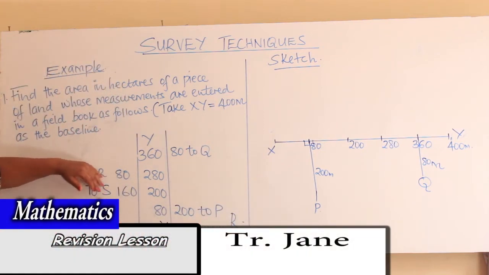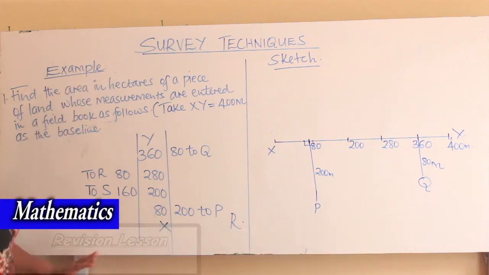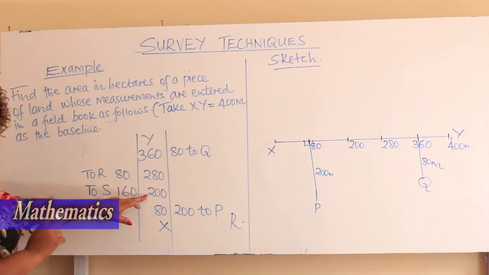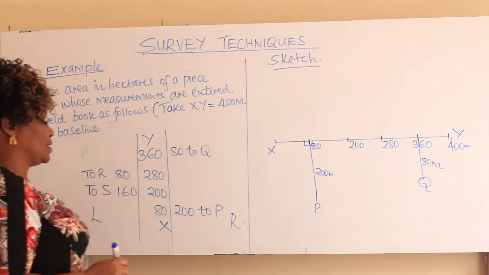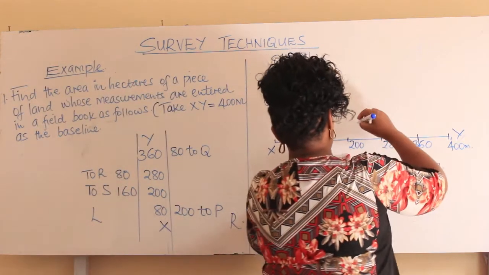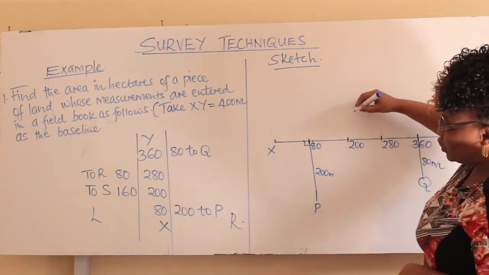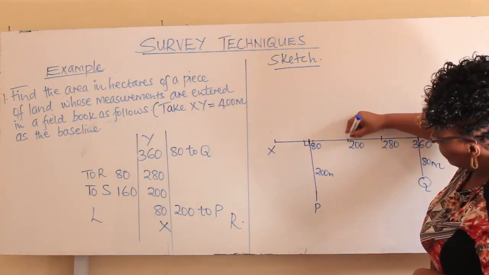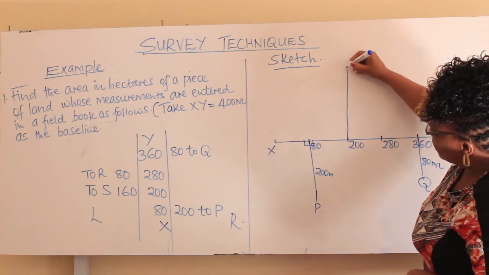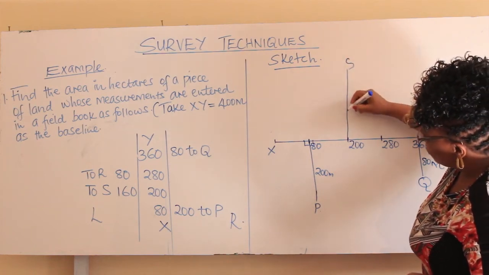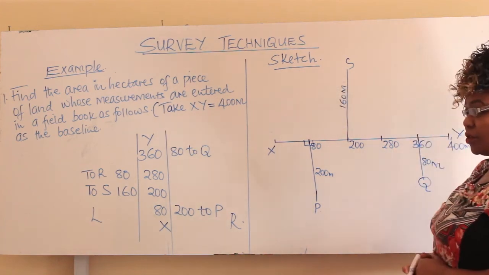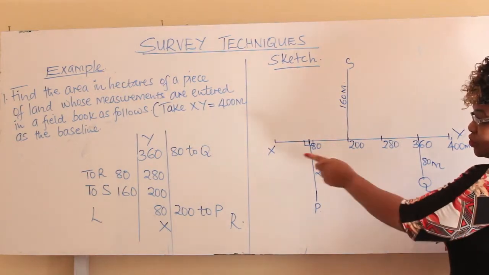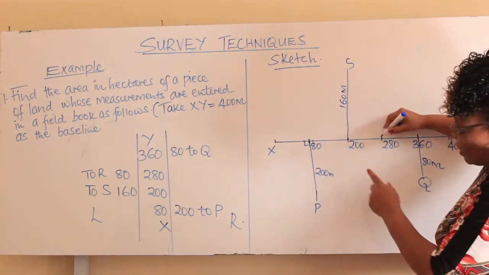And the offsets to the left go above the line. At 200, there is an offset of 160 meters to S. You assume, let this be 160 to S, so you write 160 meters to S. At 280, you have another one, a shorter one, 80.